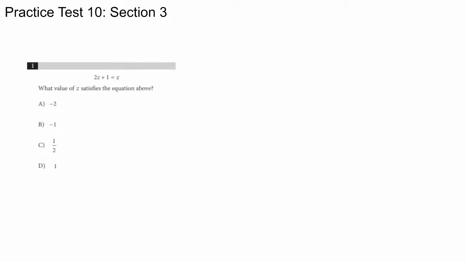The equation it gives me is 2z plus 1 is equal to z. And then the question asks, what value of z satisfies the equation above? So if I write out my equation, 2z plus 1 is equal to z, I'm trying to get z alone.